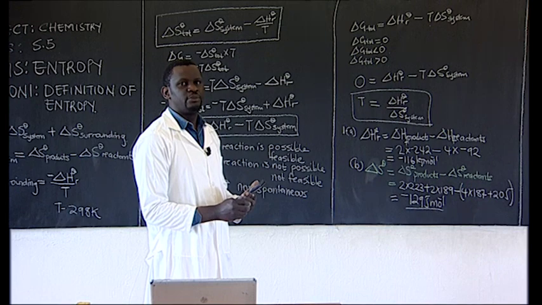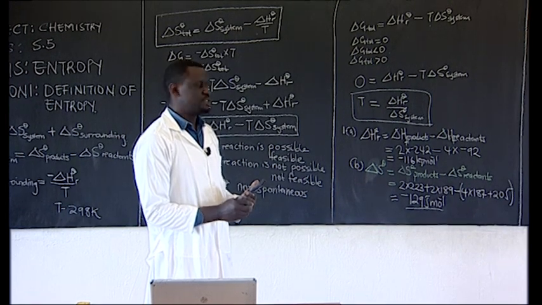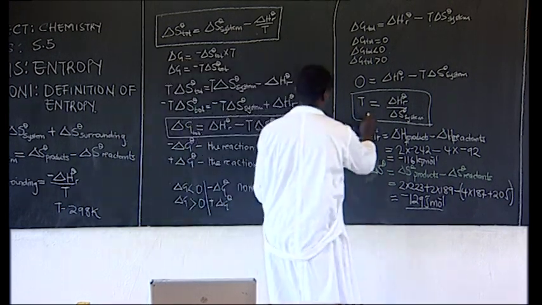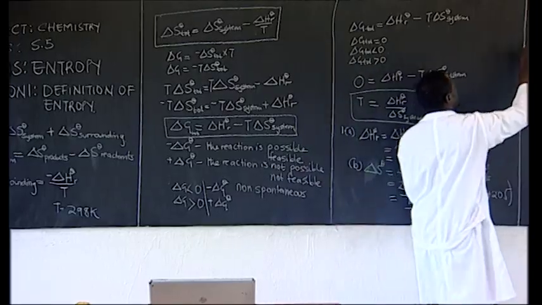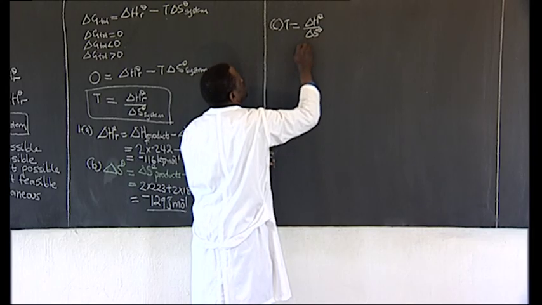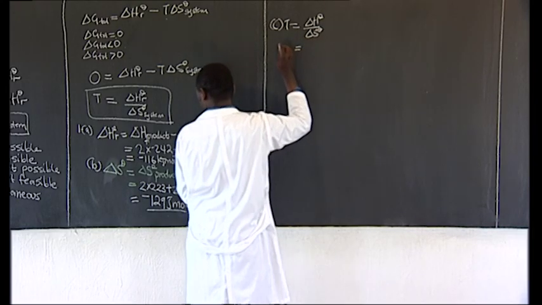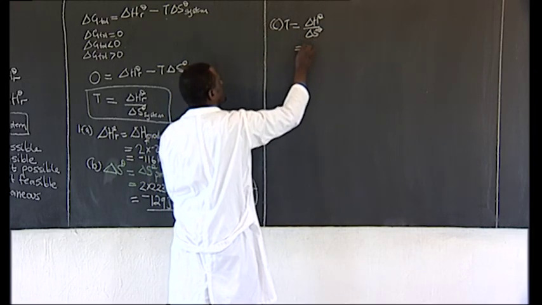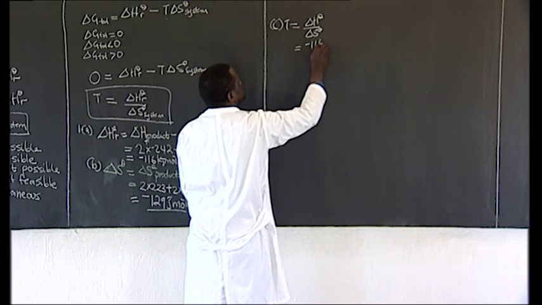So then, calculate the temperature at which the reaction is feasible. We are going to use this one. We say that our T will be equal to change in enthalpy of reaction over change in what? This one. So we have negative 116.